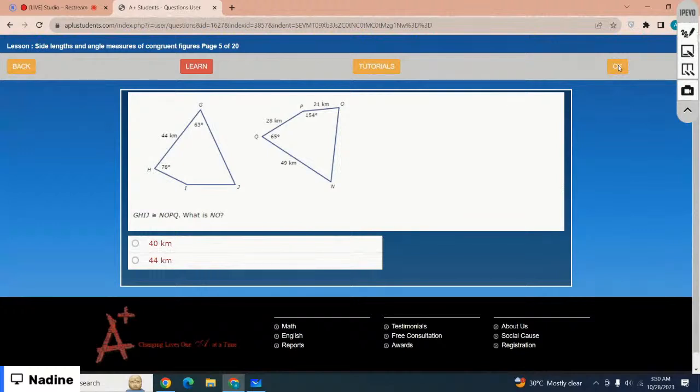Okay, the next one is GHIJ is congruent to NOPQ. What is NO? Which is the correct option?